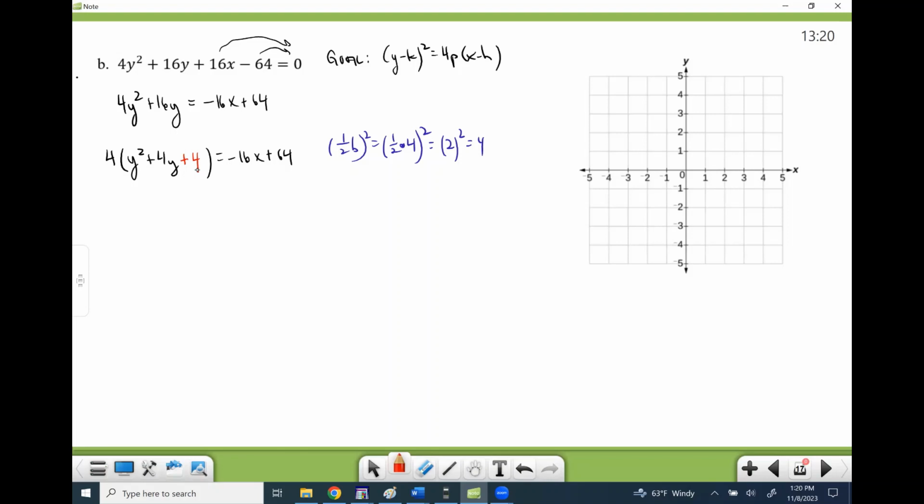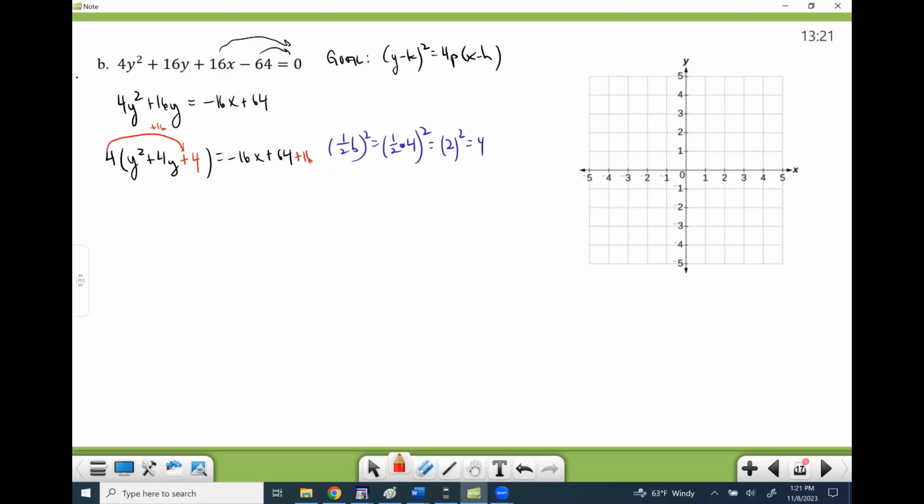A lot of students make the mistake of going plus 4, but we didn't really add 4. When you distribute this 4, you get that we added 16. So you would have to remember to do a plus 16 over here. That would be the hard part if you were doing this with this method.